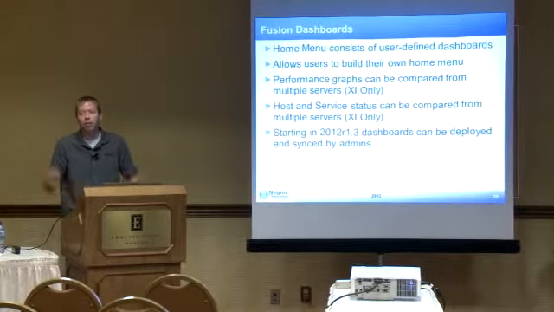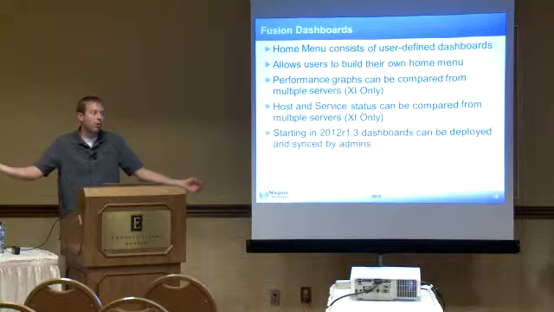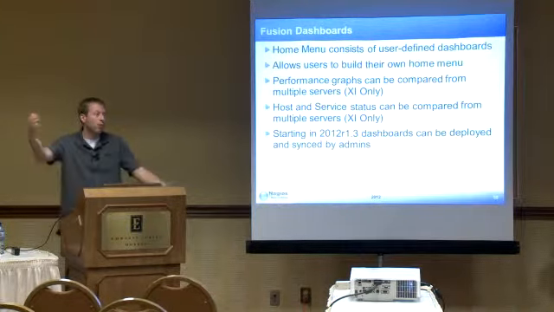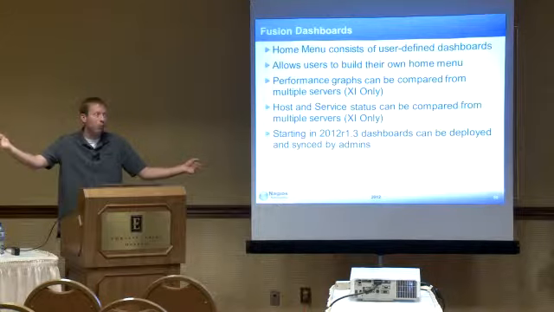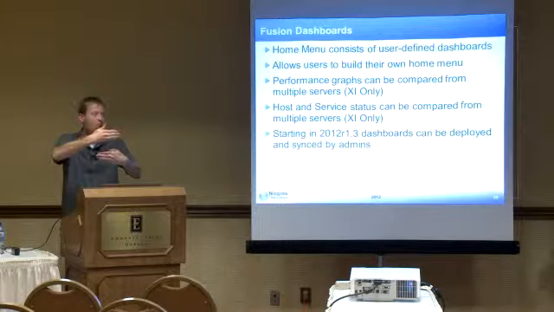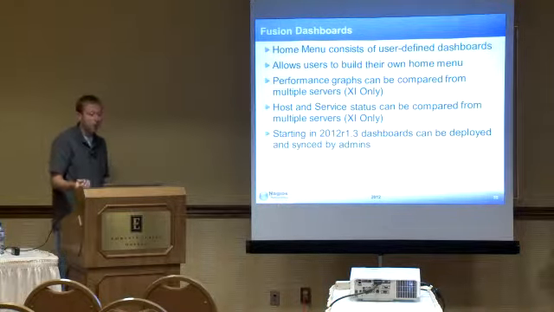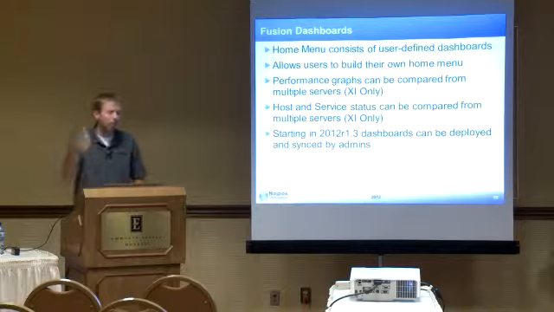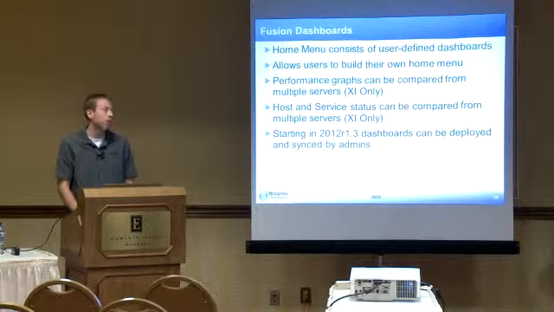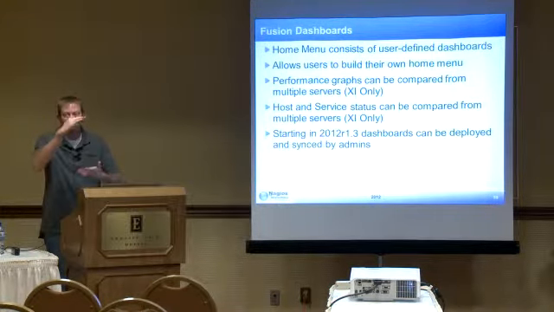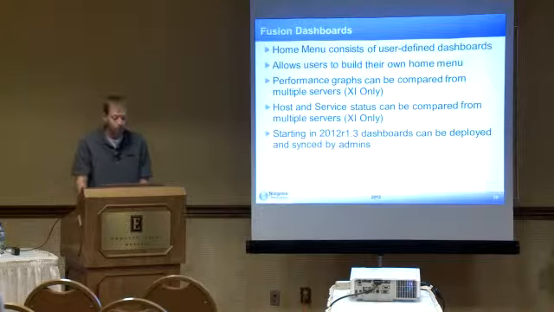Well, if you happen to have Nagios servers on both sides of the country, you can grab the performance graphs from both Nagios servers, bring them into Fusion, and look at them right next to each other to compare. Same thing for host or service status. If you are keeping an eye on connectivity from multiple geographic locations, you can have individual host or service status bar dashlets, and you can watch those from Fusion as well.